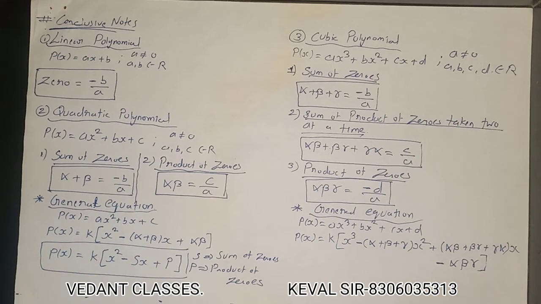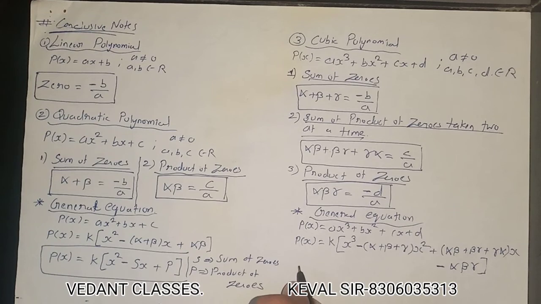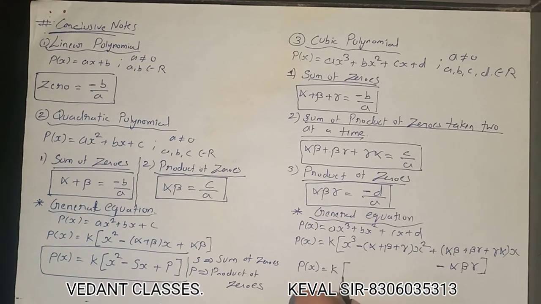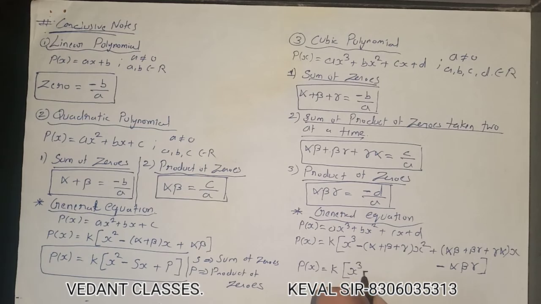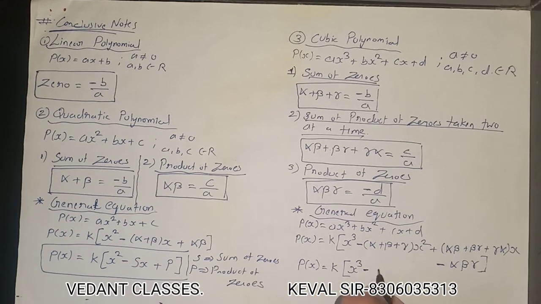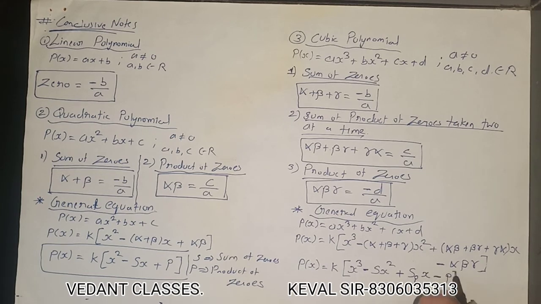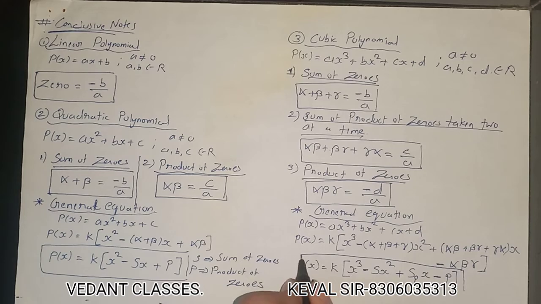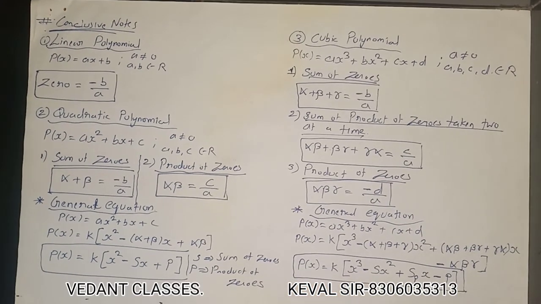This is the general equation that we got. You can remember this equation in short like this: p of x is equal to k, x cube minus s x square plus sp x minus p, where sp is the sum of products taken two at a time.